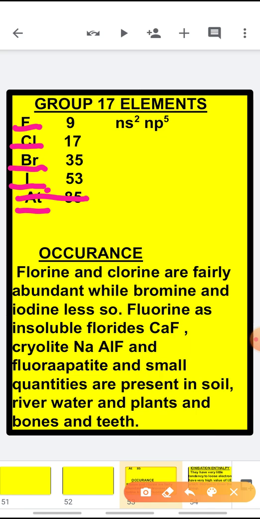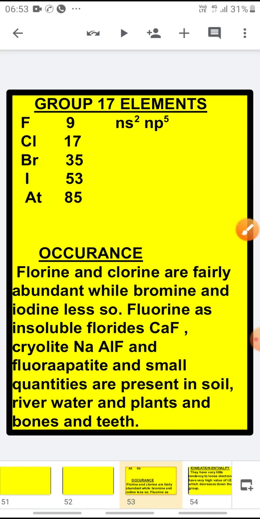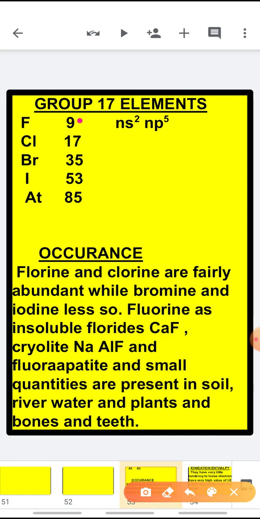Now you have to remember these elements are also called halogens. Why they are called halogens? Because they are salt forming. They can form salts. Now the element fluorine has atomic number 9. Chlorine 17, bromine 35, iodine 53, astatine is 85.